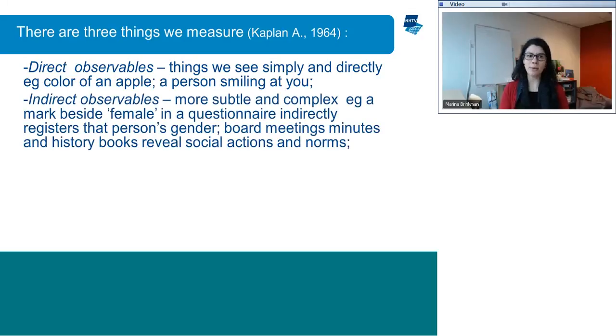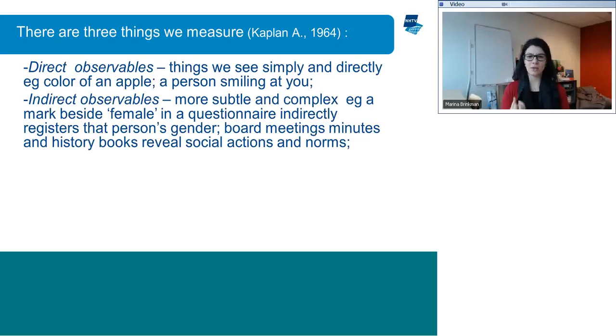He also talks about indirect observables, and those are the more subtle and complex issues. I'm going to take the example I have in here of board meeting minutes. We can use board meeting minutes, or we can even observe meetings for that matter. But those minutes, to take that one as example, do not directly tell us everything about the social actions and norms.